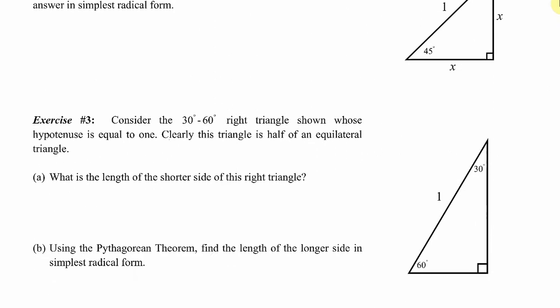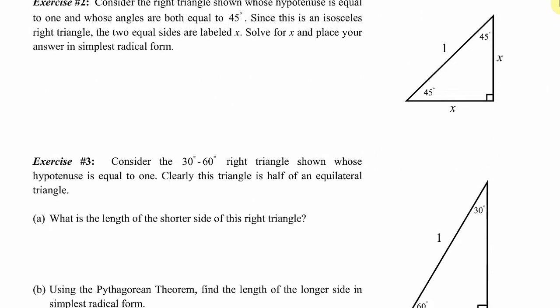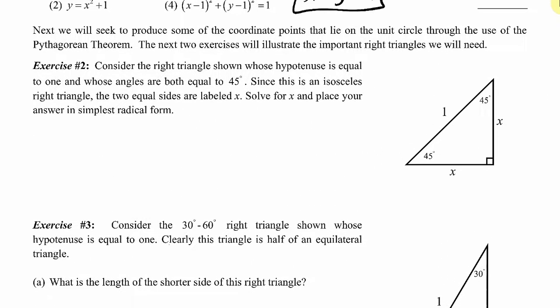And in number 3, we have a 30, 60, 90 right triangle. Okay. Consider the right triangle shown whose hypotenuse is equal to 1 and whose angles are both 45 degrees. Well, if they're congruent, that makes it isosceles, which means these two legs have the same length, which is why they're both labeled with an x. Solve for x and place your answer in simplest radical form.